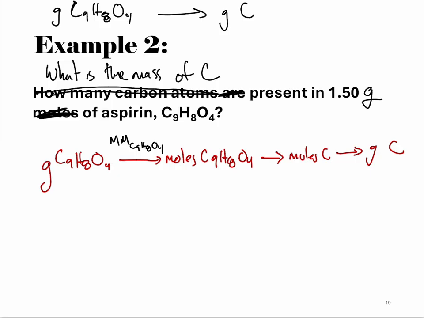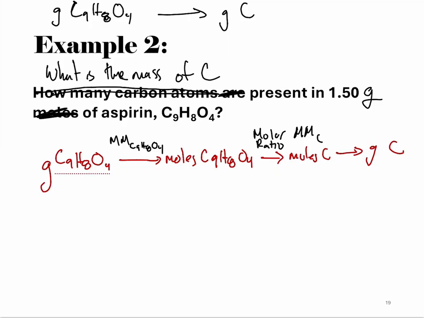Then you need to go from moles of aspirin to moles of carbon. That's what you're going to use the molar ratio for, which is what we just talked about. And then going from moles of carbon to grams of carbon, what are you going to use? You're going to use the molar mass of carbon. Right, so there's 3 different conversion steps we have to do here.